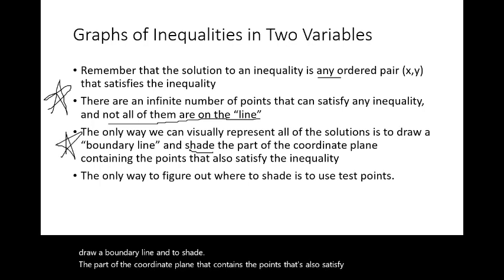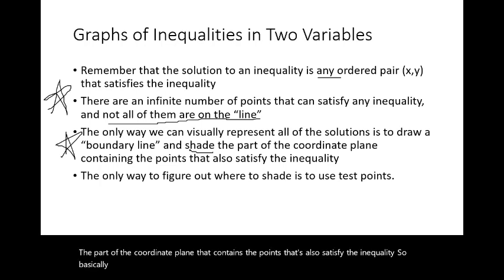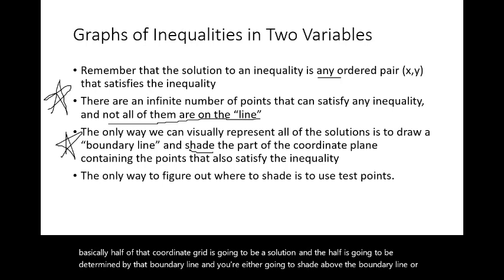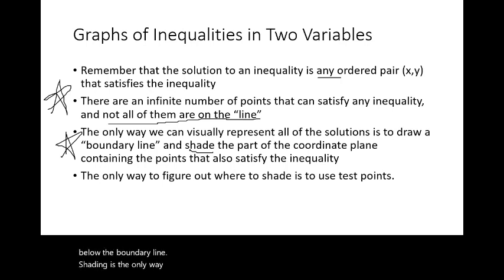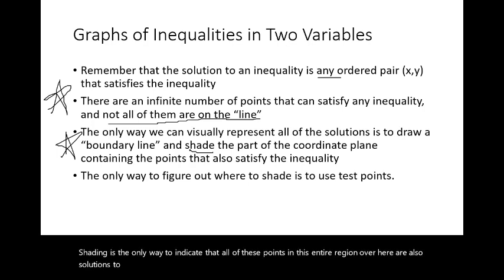Basically half of that coordinate grid is going to be a solution, and the half is determined by that boundary line. You're either going to shade above the boundary line or below it. Shading is the only way to indicate that all of the points in this entire region are also solutions to this inequality, not just the ones that are on the line.